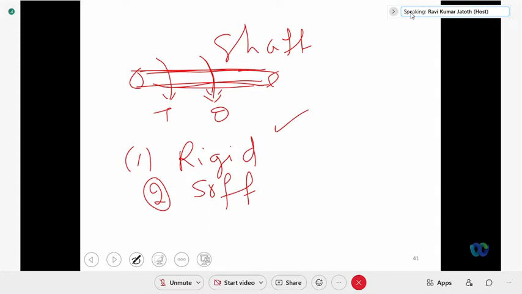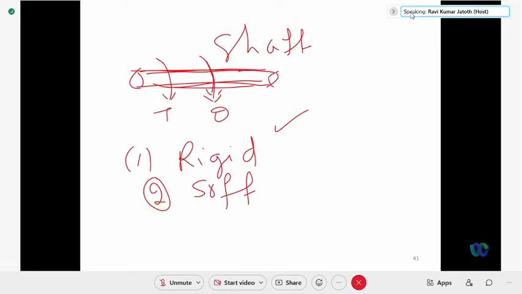But if the shaft is non-rigid, and you apply torque, there will be angular rotation which is different at one end of the shaft and the other end. This is what is given here.